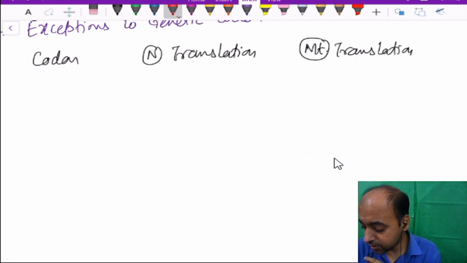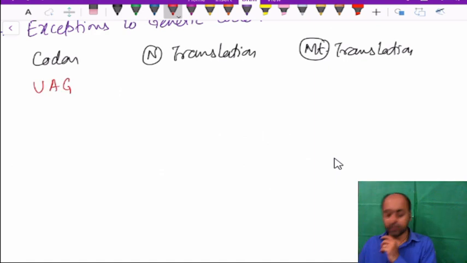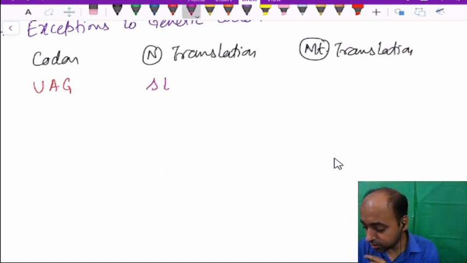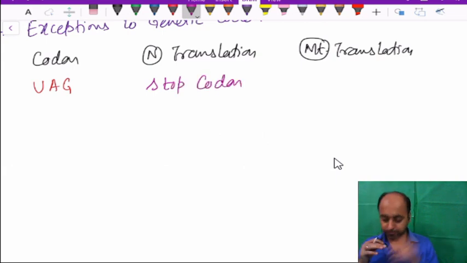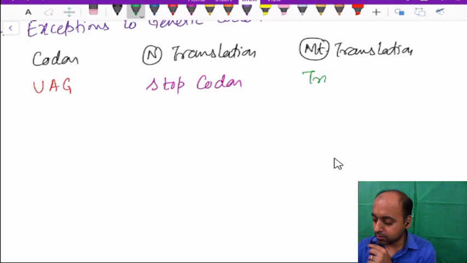So we start with UAG. UAG is normally a stop codon, but in the mitochondria it codes for tryptophan.